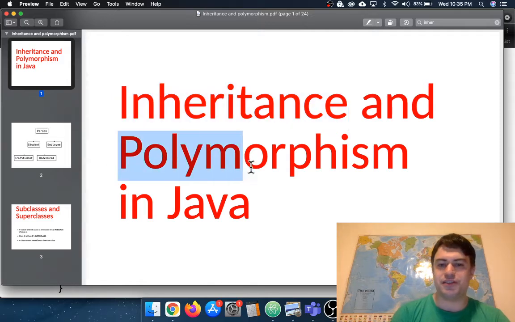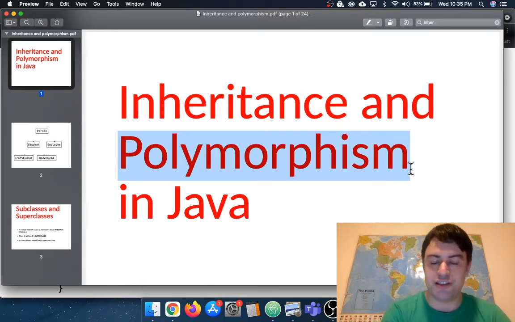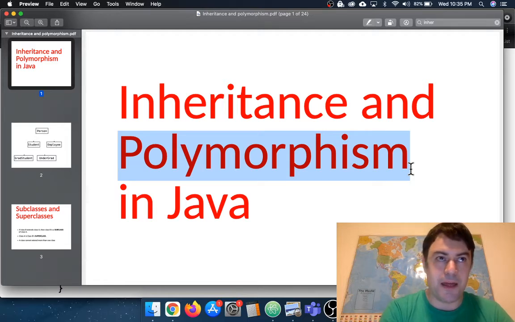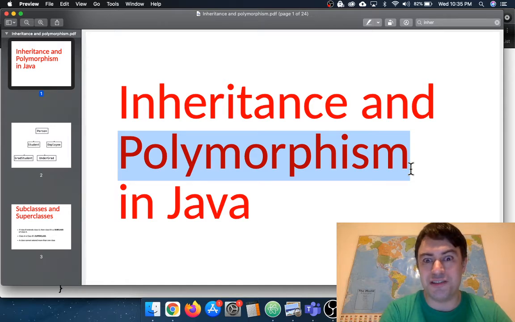The second part here is called polymorphism, which is clearly a fancy word. This topic is all about what happens when a subclass and a superclass have a method that has the same name. So you might wonder why you might do that. Good question. We'll talk about that. And also, you might wonder, which method gets called if you call one of these methods.